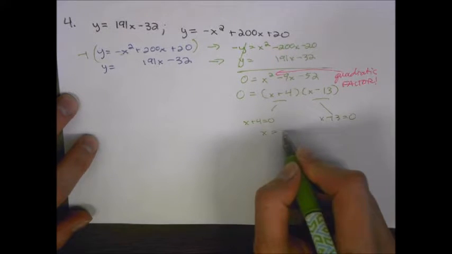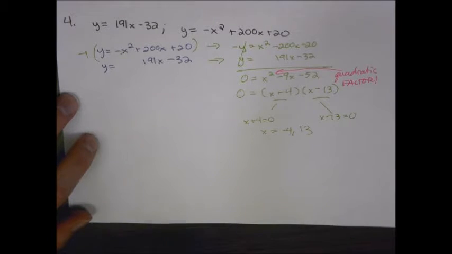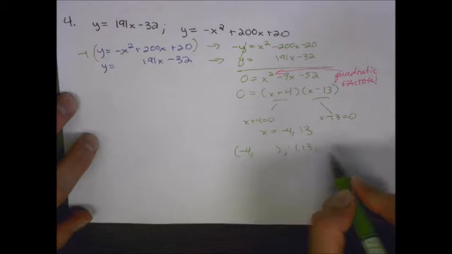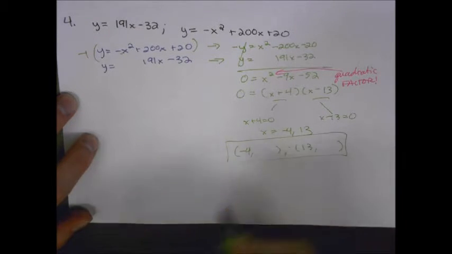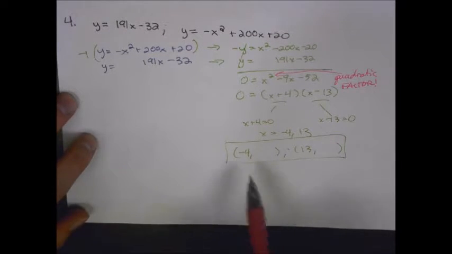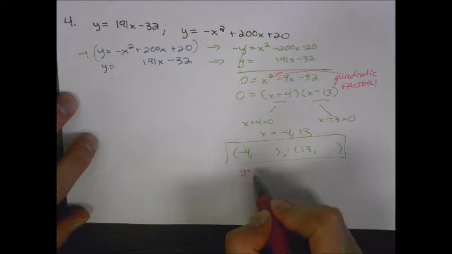Y equals 191 times 13 minus 32, and you get 2,451. So negative 732, 2,451.